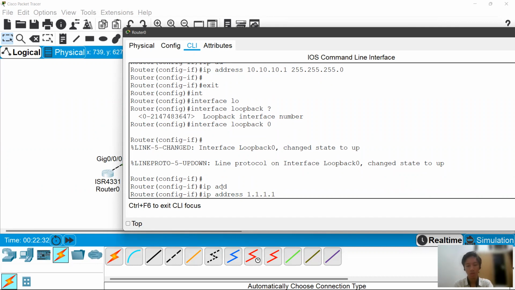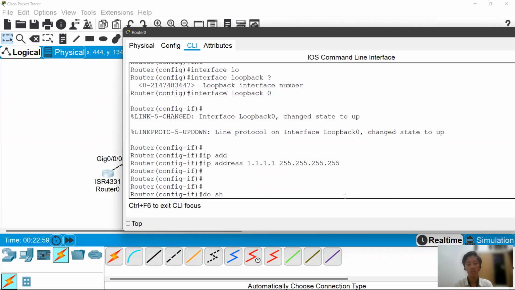The IP is 1.1.1.1 and the subnet mask is 255.255.255.255, whereas on a physical interface we use 255.255.255.0, but on interface loopback mostly we use 255.255.255.255.